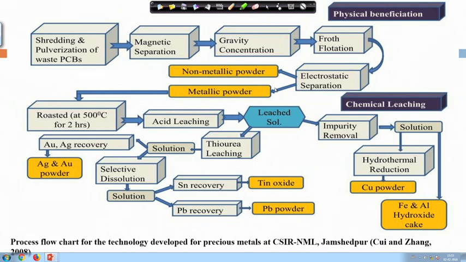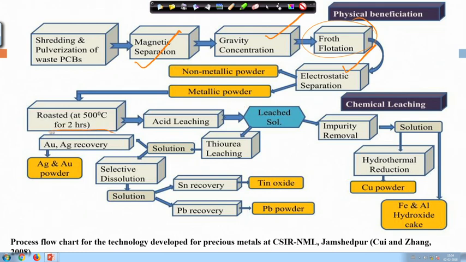If you look at the other option, this is our nearby one, only about 2 hours from here, in Jamshedpur. The CSIR lab, the NML National Metallurgical Laboratory, also has a process for shredding and pulverization of printed circuit boards. If you look at the process, some of it will be similar: magnetic separation, gravity concentration, froth flotation, and electrostatic separation, giving metallic powder and non-metallic powder.